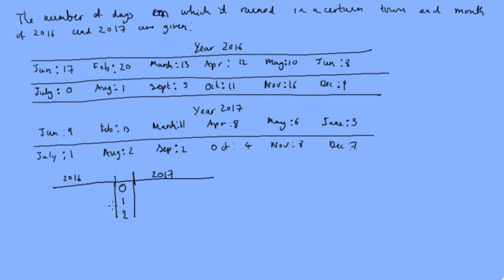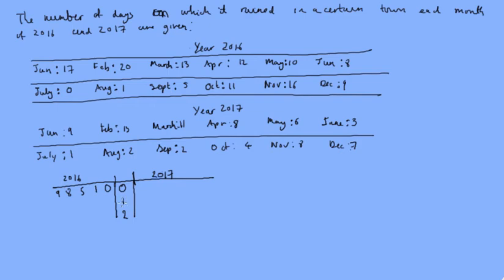So let's go through 2016. July had 0, August had 1, and then we had September with 5, and June had 8, and then December had 9.